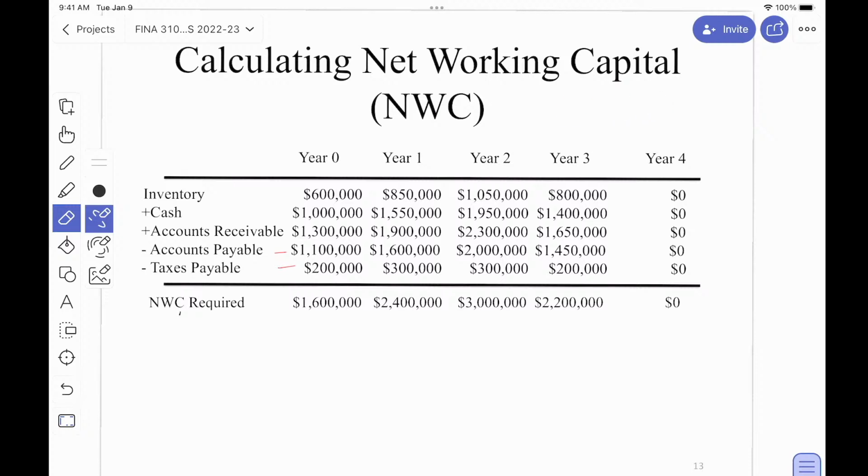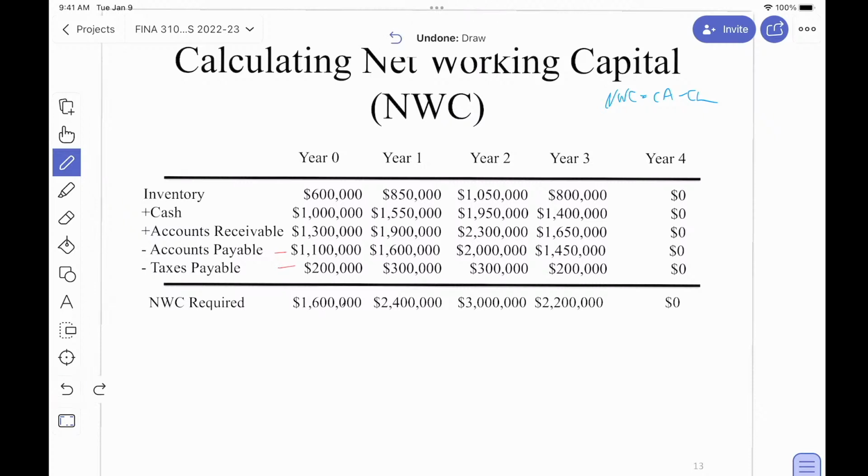Now we want to calculate the incremental cash flows that we'll need from year to year. So what more do we need?